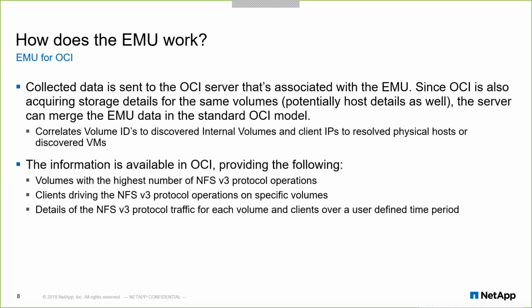So with that in mind, you're going to be looking at only NFS v3 protocol operations, but on the internal volume page, you'll be able to see which clients are driving those operations, and then hopefully from there, be able to deduce where to move to next with regard to troubleshooting.